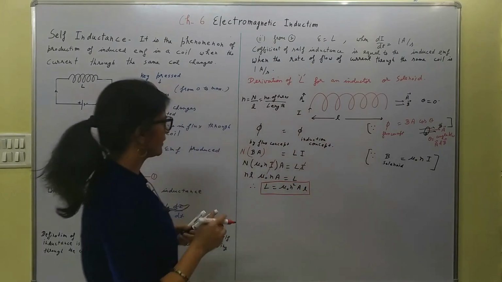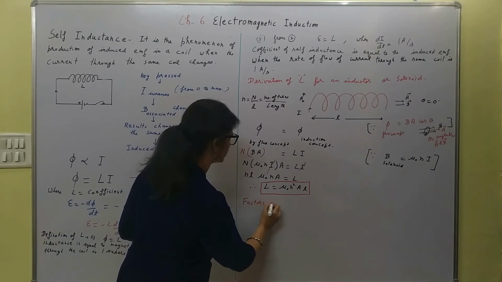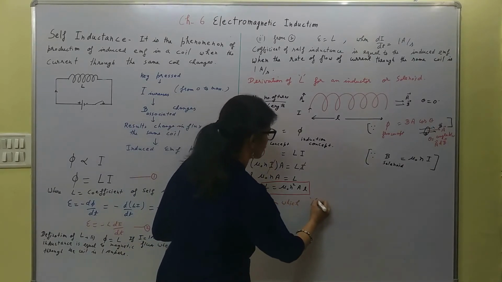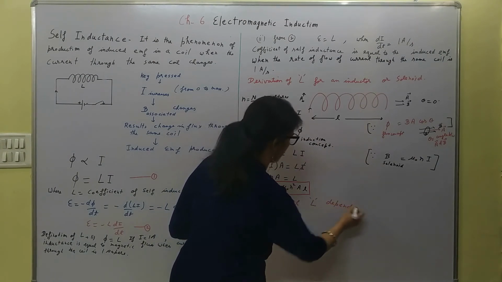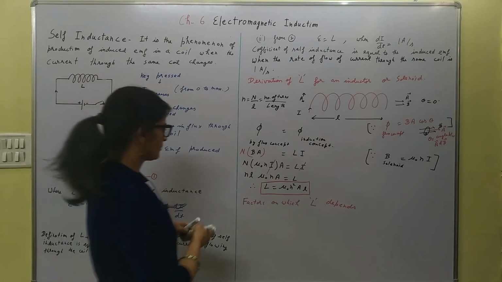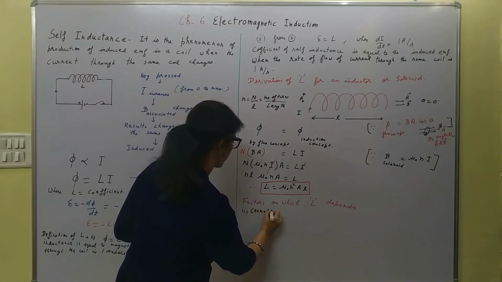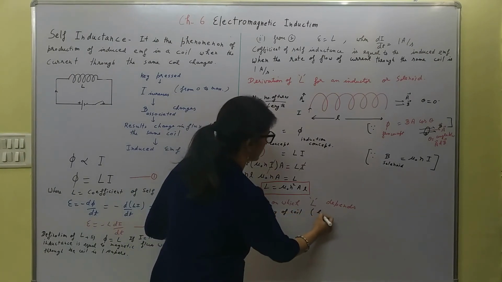From here we can find the factors on which L depends. That is, the coefficient of self-inductance depends, first, on the geometry. Geometry means the length and the area of cross section.